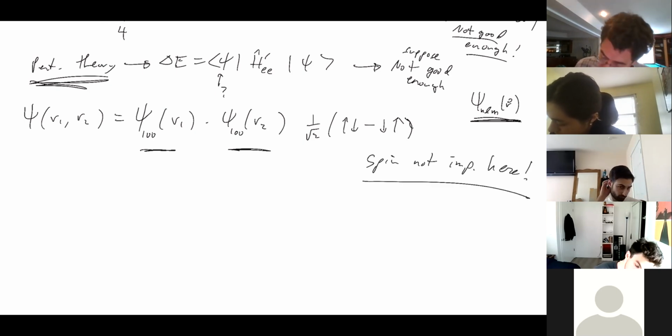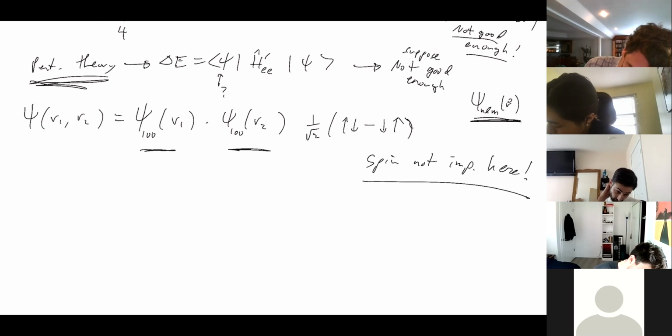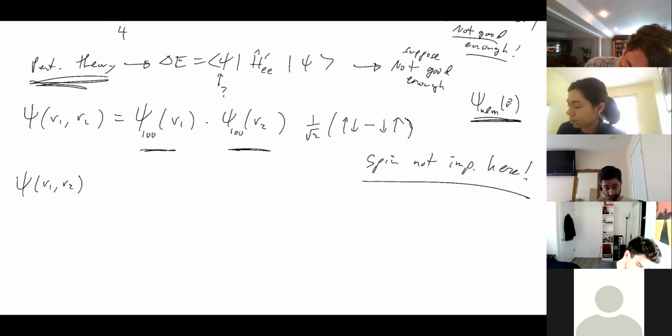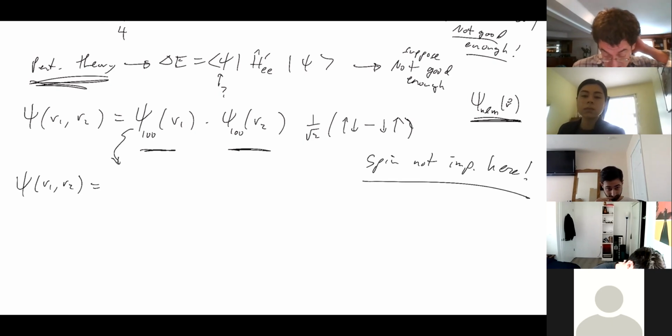And so let's remind ourselves what this function psi of r1, r2 is, and let's plug in these functions. When you plug in those functions, you're going to find that this product is equal to this.